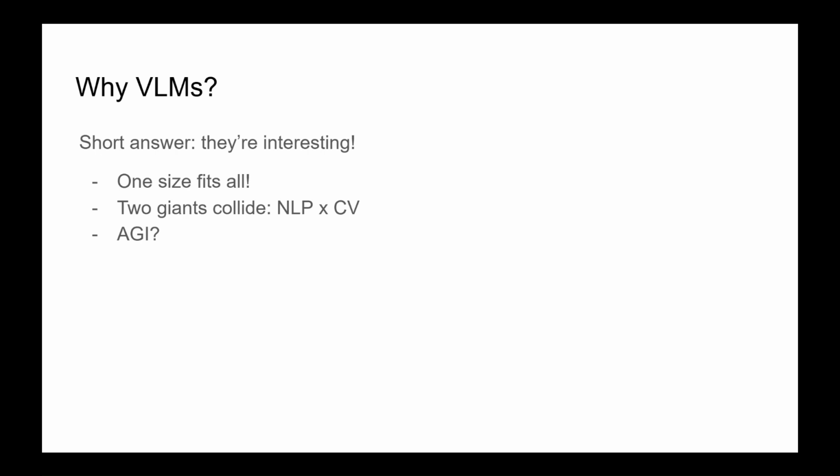And VLMs extend the traditional capability of natural language models to vision. So think about how we can use our eyes and our brain to process both image and text. And this is where the two giants of two academic fields, NLP, natural language processing, and CV, computer vision, interact.